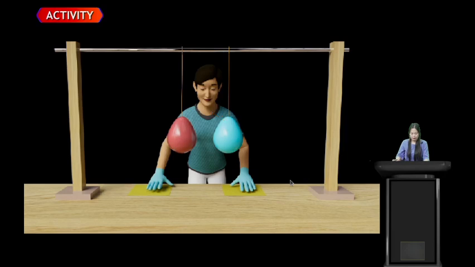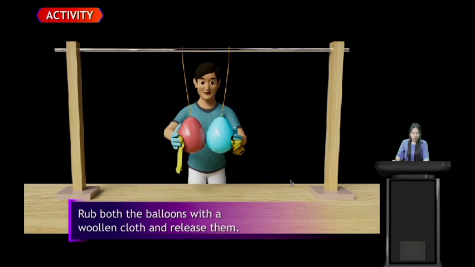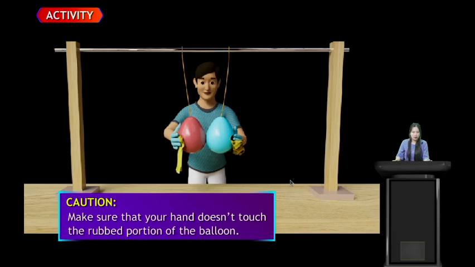Now take a woolen cloth and rub the balloons in this way as shown here. Rub both the balloons with the woolen cloth and release them. Now the caution: we have to be careful while performing this activity. Make sure that your hand doesn't touch the rubbed portion of the balloon.